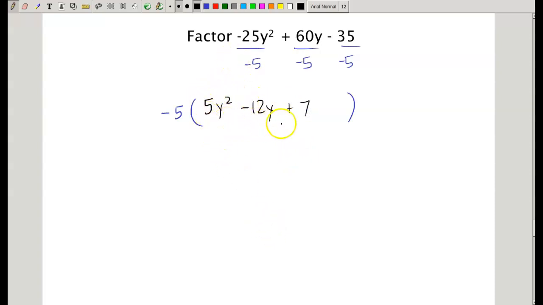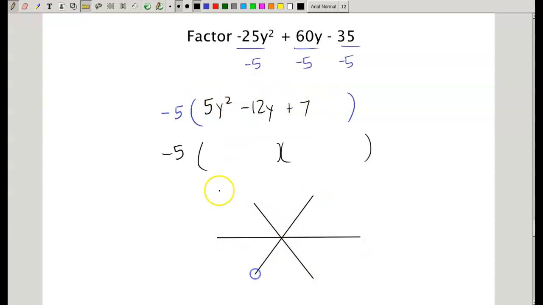And then we can deal with how to factor 5y squared minus 12y plus 7. And so now we'll go ahead and do that. I'm going to try to break that black part up into 2 parentheses. I'm going to keep my -5 off to the left. And I'm going to try to take this portion right here and do snowflake and see if that factors.